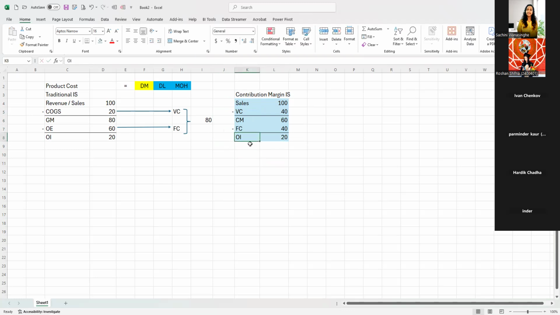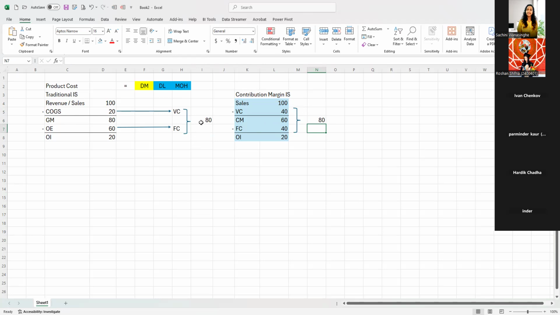Make sense? As you can see, in both cases I'm not changing the cost. Variable cost and fixed cost are equal to how much? Can you see them? Yeah, 40 is the variable cost, fixed cost is 40, so how much is the total? $80. Here I have cost of goods sold and operating expenses.